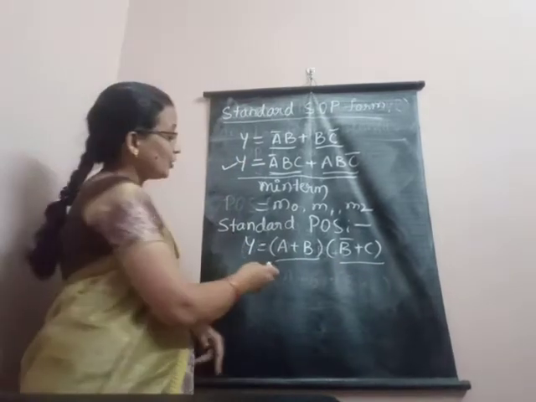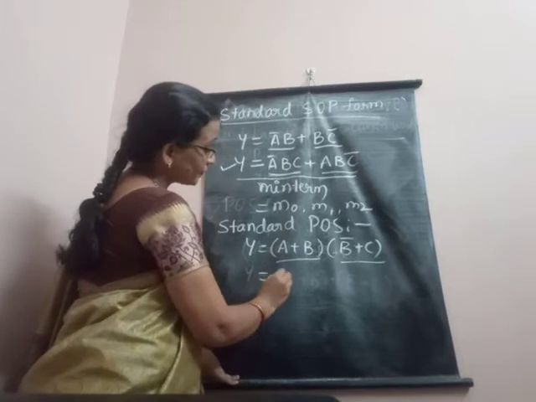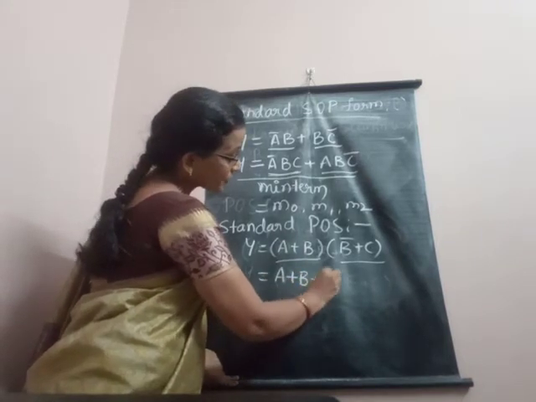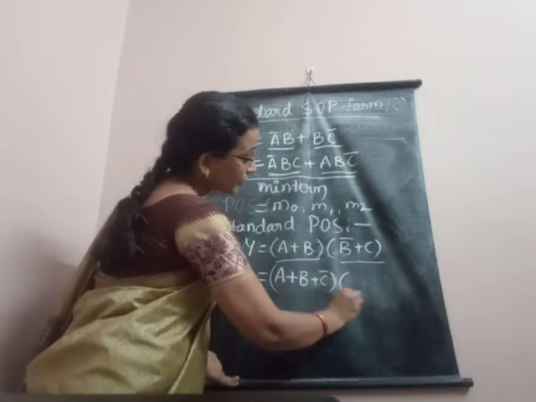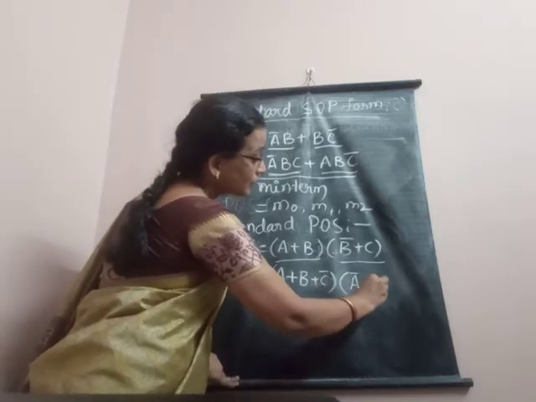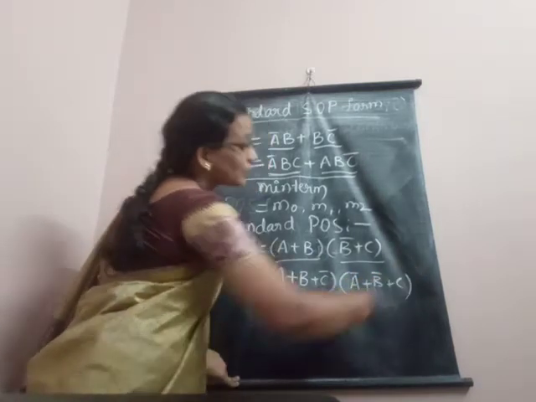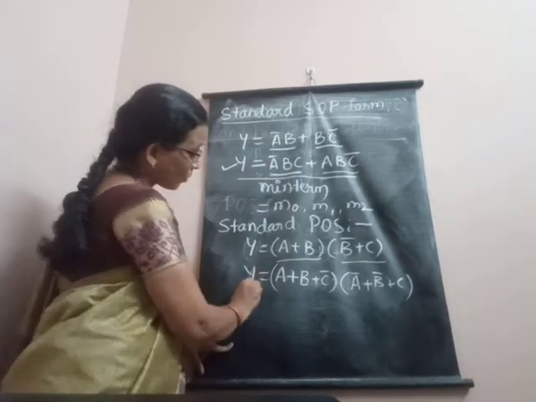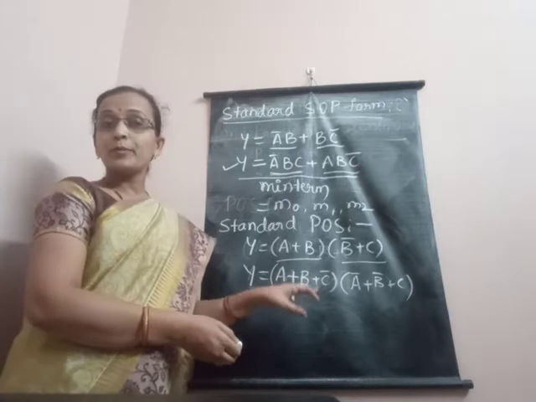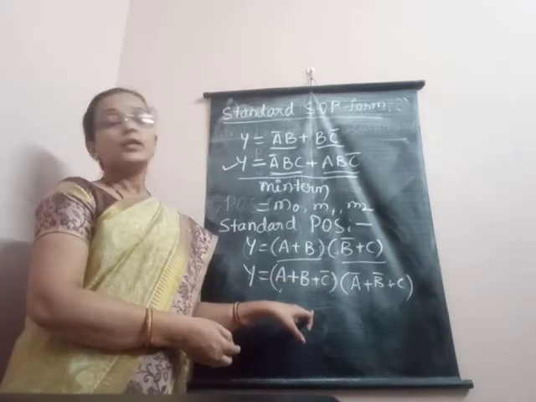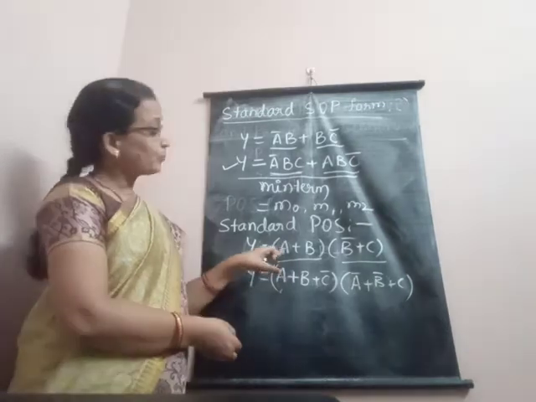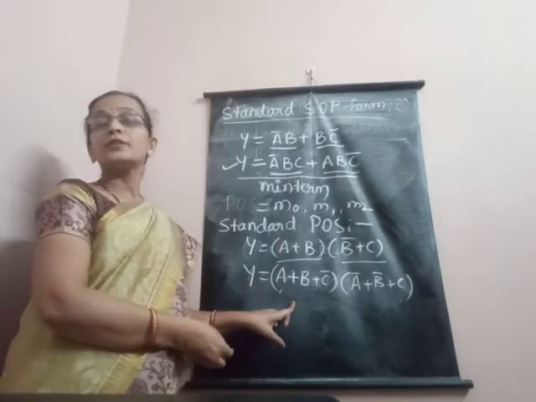In order to make this a standard product of sum form, all literals must be present in all the terms. The second expression is what we call standard product of sum form.